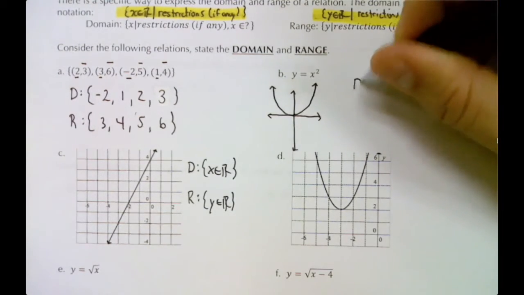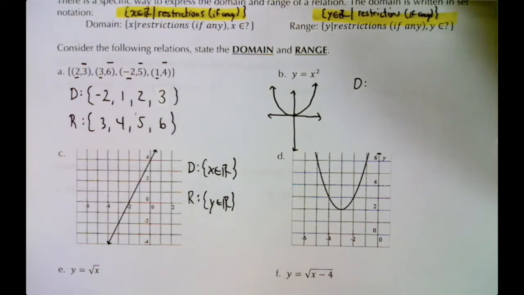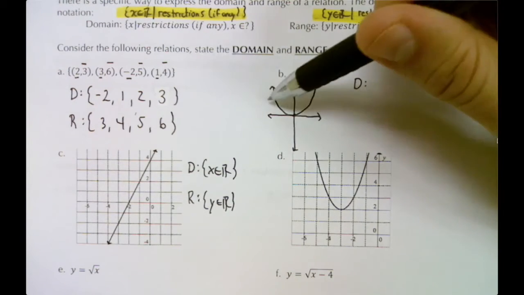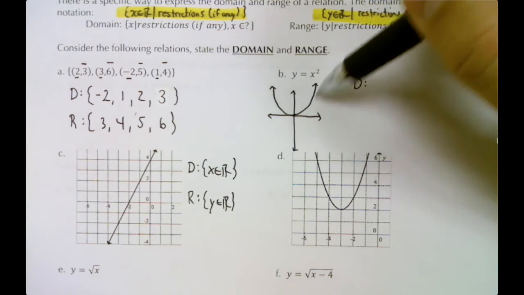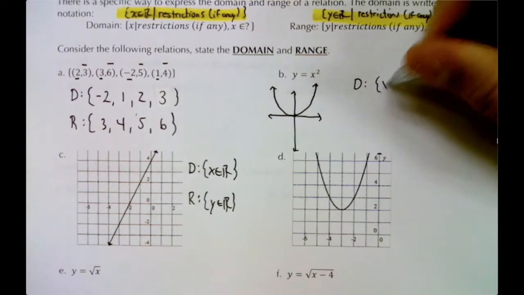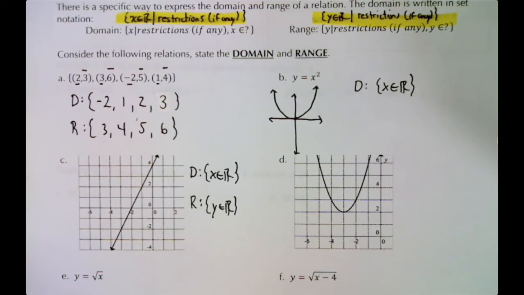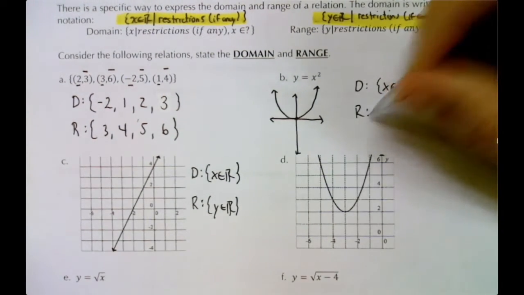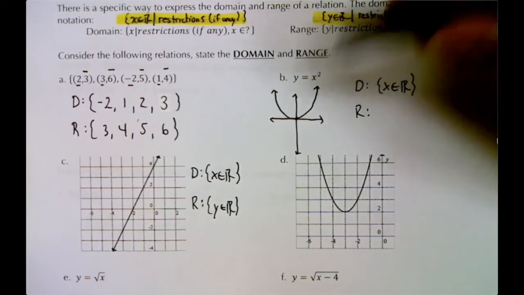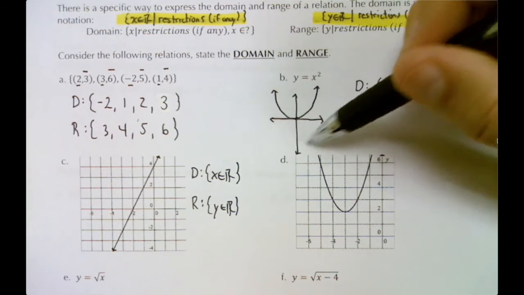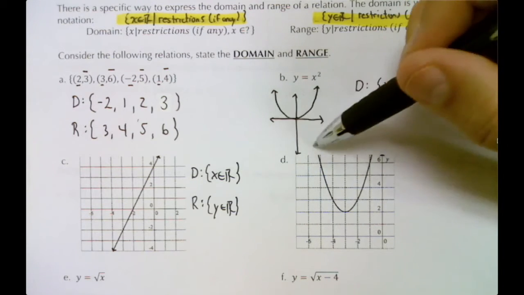For domain, we're considering the x's. This graph continues all the way to the left and all the way to the right, and it covers everything in between because it's a connected curve. So we've got x belongs to real with no restrictions. Range isn't quite the same because we don't have any of the graph extending below the x-axis.